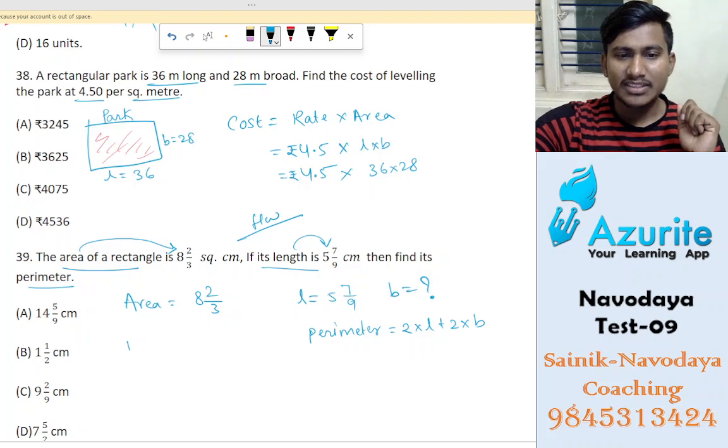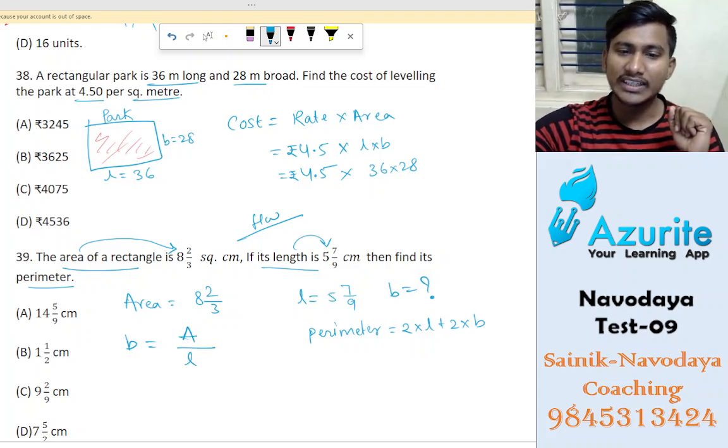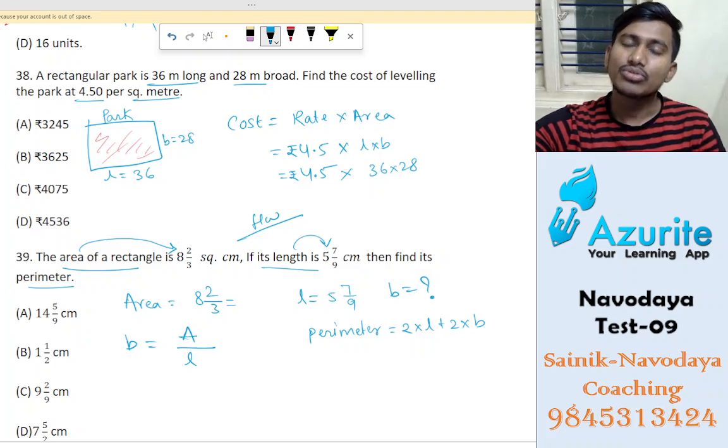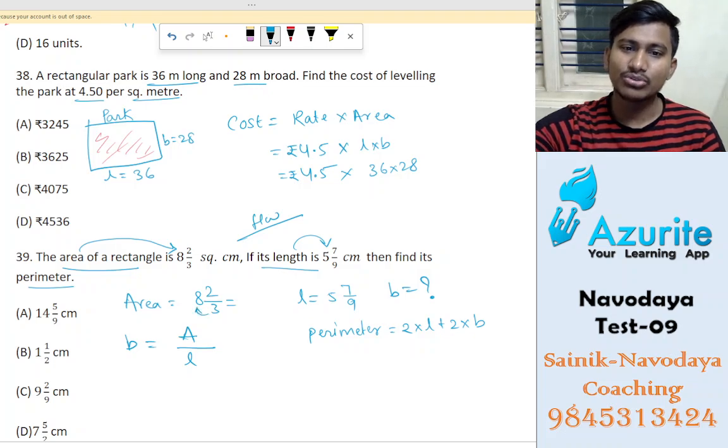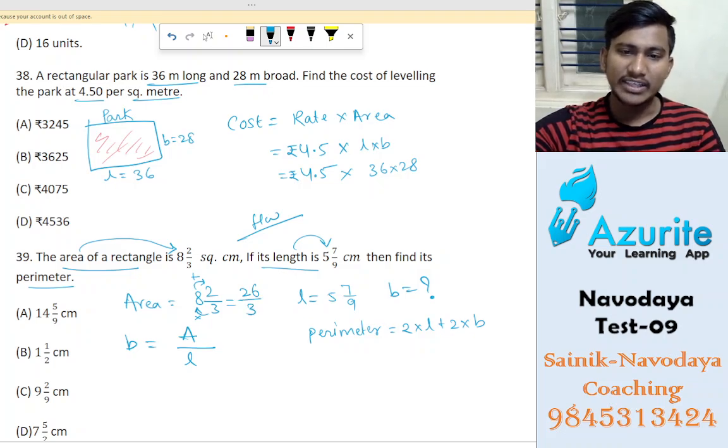When area is given, area divided by length we have to do. So here area, if you convert it into an improper fraction, 8 3s are 24, 24 plus 2 is 26 divided by 3, right, 26 divided by 3.